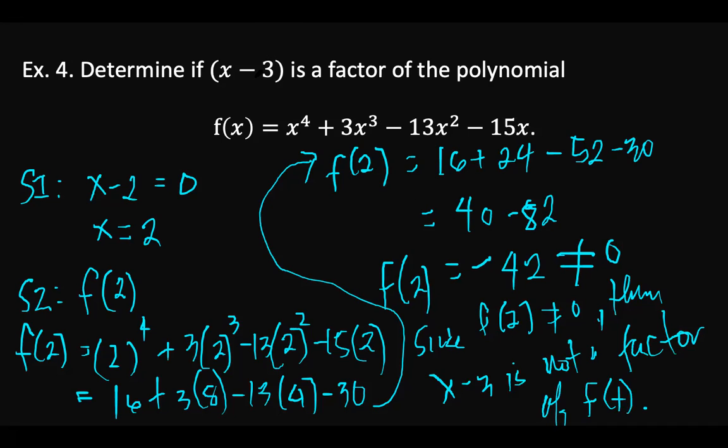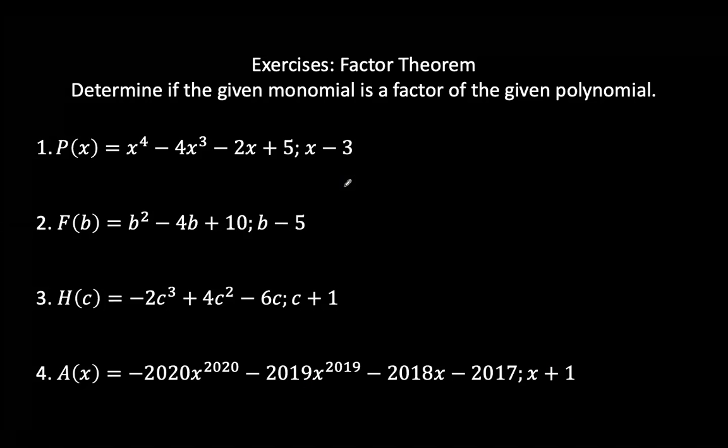Okay, so once we factorize this f of x, now we won't get a factor of x minus 3. That's what it means by factor theorem. Okay, and I made 4 items as your exercises as well for the factor theorem topic.